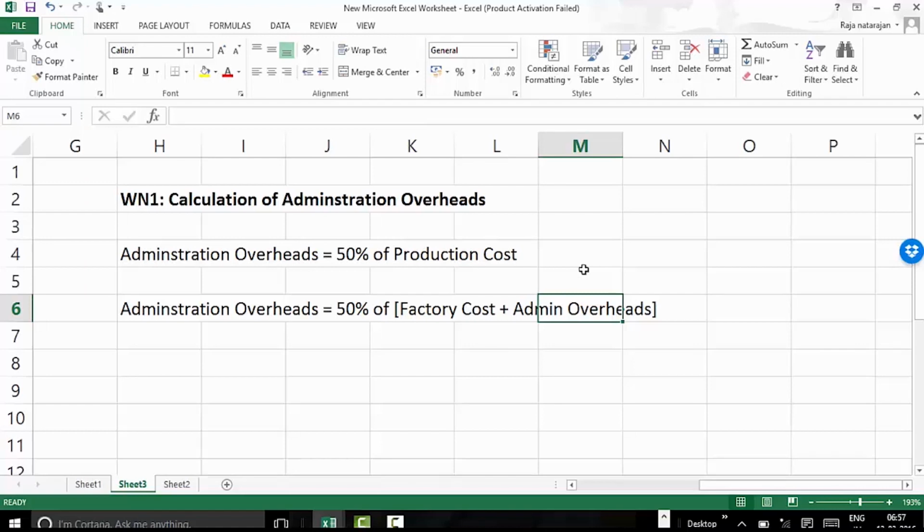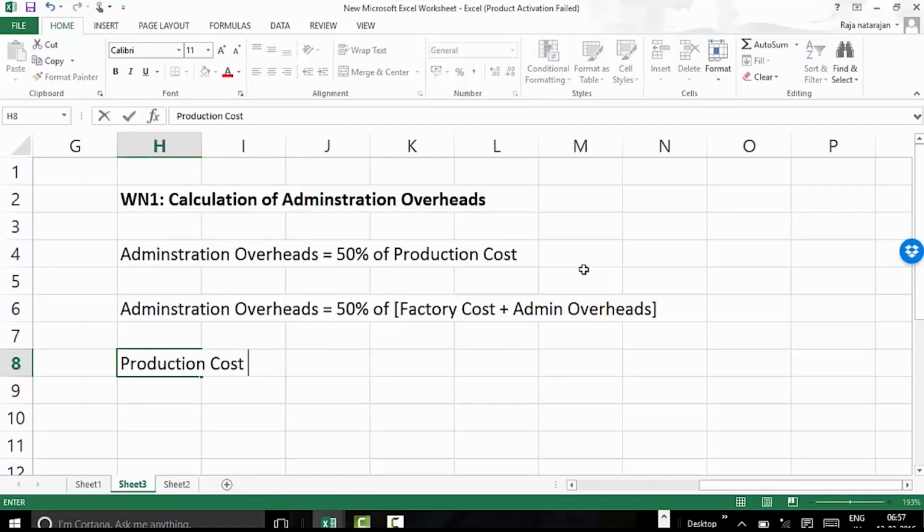See, if 50% of production cost goes to admin overheads, then the balance 50% should go to factory cost, because we know that production cost, let me break up that here. We know production cost is actually the sum of two items.